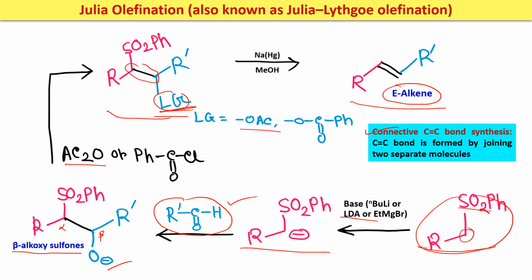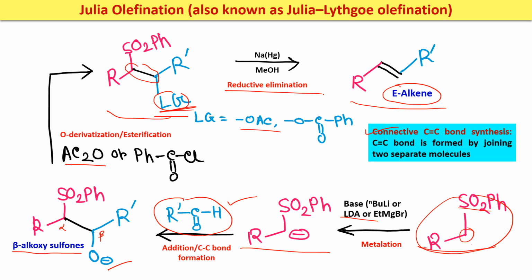So that is why we are calling it connective C=C double bond formation, because ultimately we have used two separate molecules. That is from the initial point of view. Now if we see the steps, what are the names of these steps? Here this step is reductive elimination. Details of this step mechanism we will see, but the name is reductive elimination, and this step you can call esterification or O-derivatization, because O minus is converted to some good leaving group, OAc, OCOPh, esters are formed.